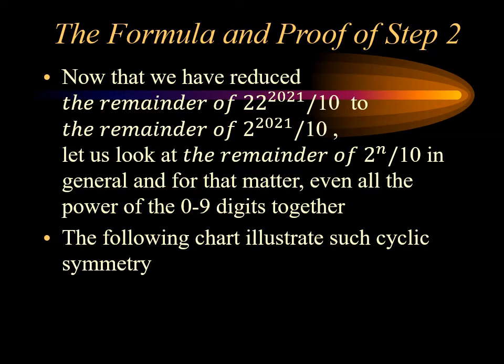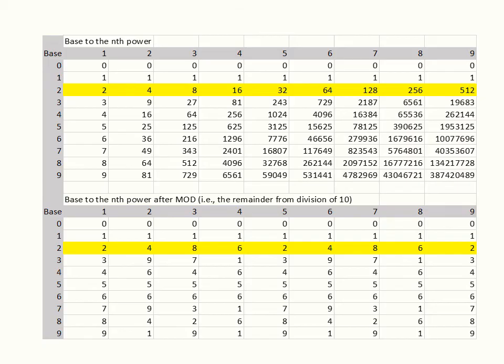And this part is 2 to the nth power, and we see how this power behaves. We can also look at not only 2, but also the other 9 digits that we have in the decimal system. Here is the chart that you can see here.